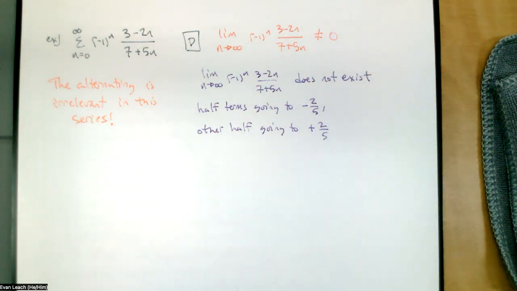So the alternating part is irrelevant here. If you bring up the alternating part, all of a sudden the grader thinks, do they think that it matters if the series alternates? The terms don't go to zero. Why are they bringing up the alternating series? You do not have a proper understanding of the alternating series test. Does that make sense?